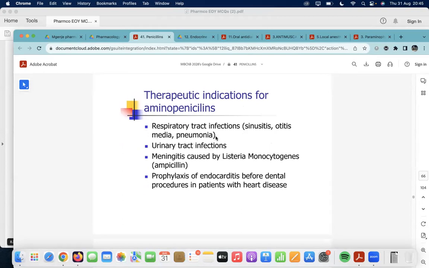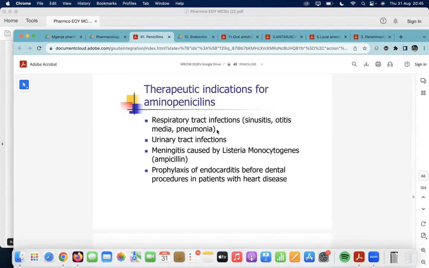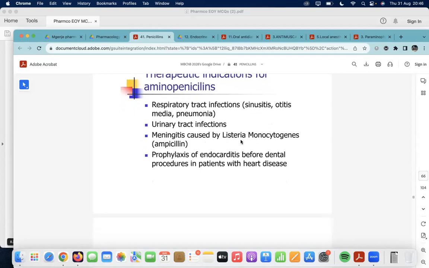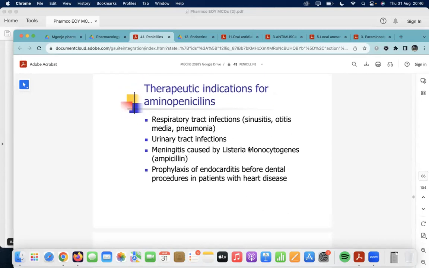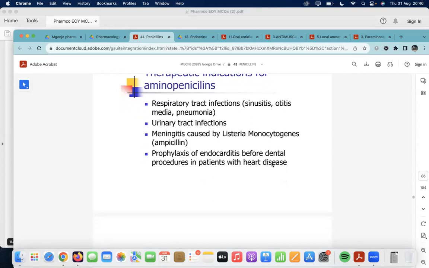I think these respiratory tract infections are mostly handled by amoxicillin. UTIs as well. Meningitis caused by Listeria monocytogenes. Yeah, I think this is the same as ampicillin. And prophylaxis of endocarditis before dental procedures in patients with heart disease.